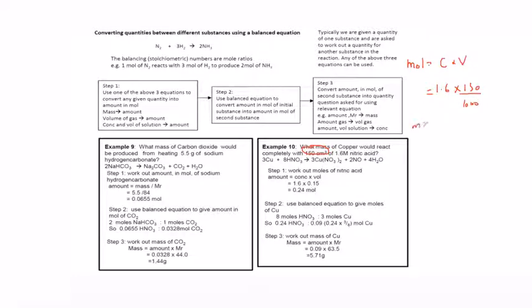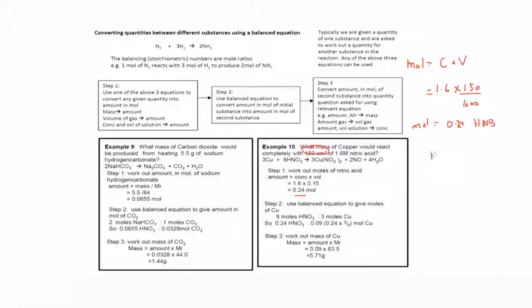So we'll get the moles. How many moles of nitric acid? 1.6 multiplied by 0.15 will give you 0.24 moles. So we have 0.24 moles of nitric acid. But the question is, find the mass of copper. So from 0.24 moles of nitric acid, we will find the moles of copper.